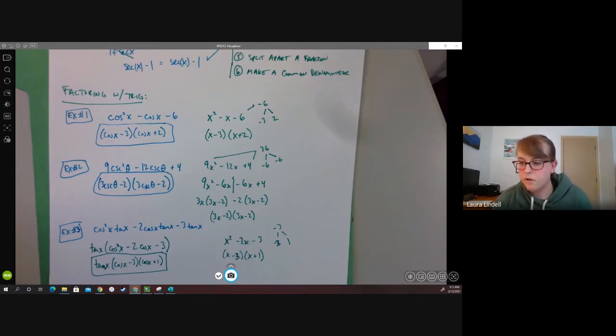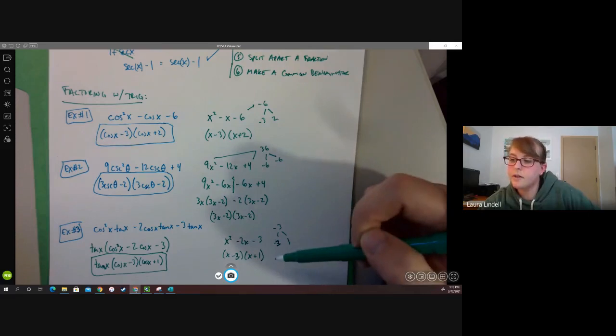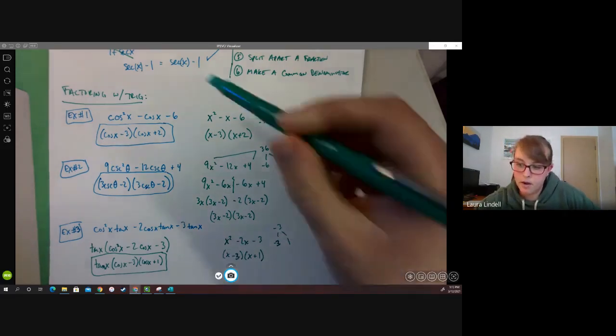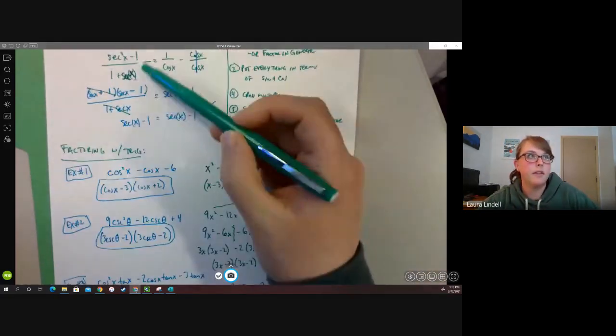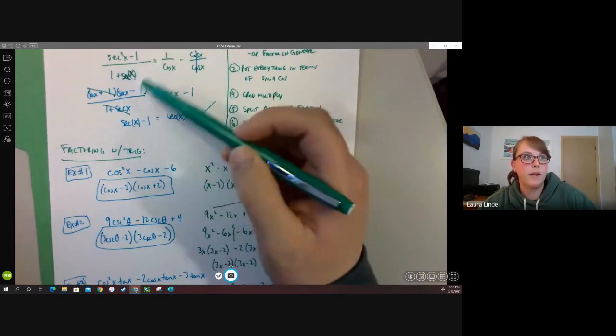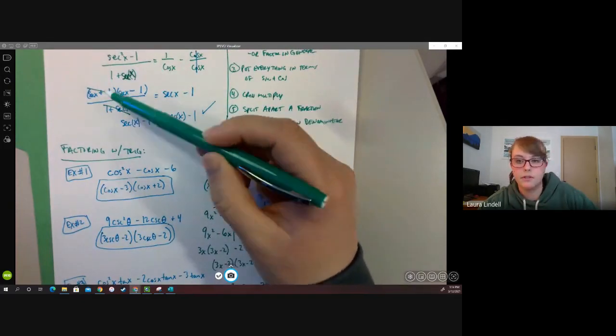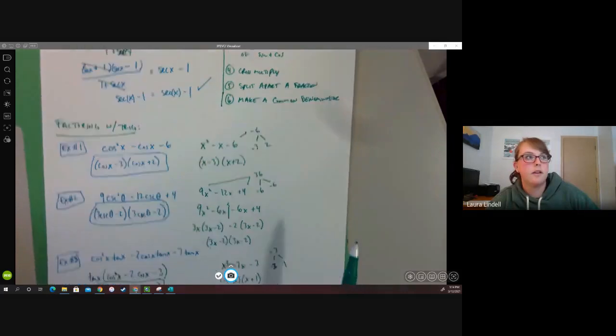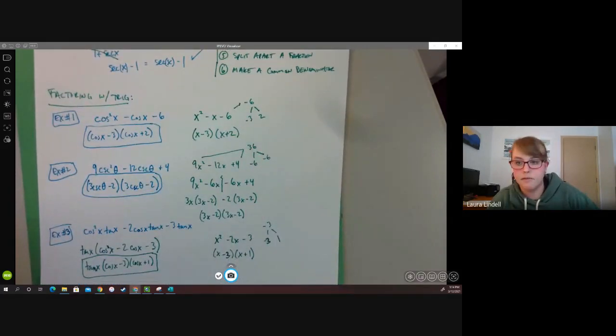Okay, so doing problems like this with factoring is going to help us later on when it comes to things like this up here, when we did secant squared minus 1 and we had to factor it so we could cancel it with 1 plus secant. So, a bit of a review of factoring there. Any questions from any of those three?